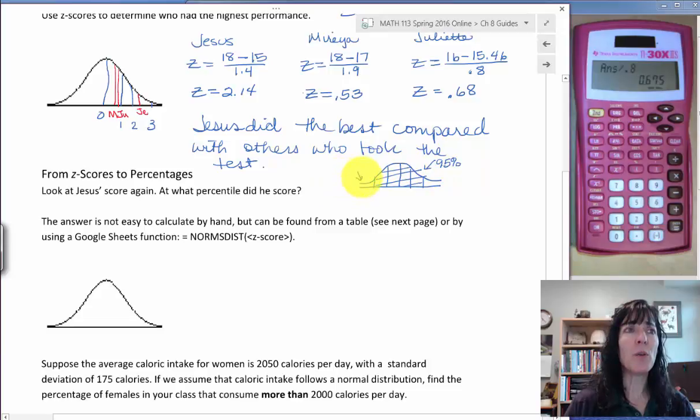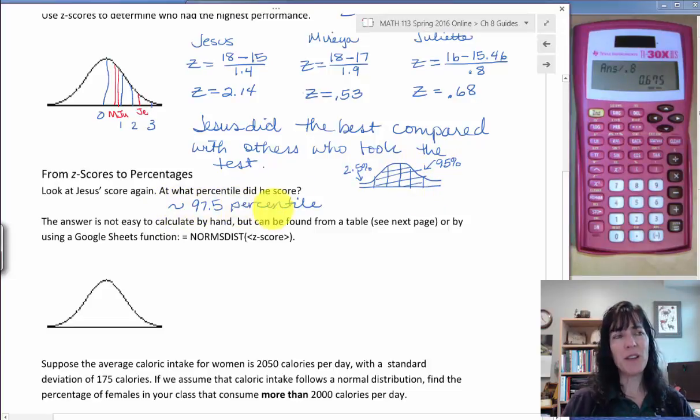And then over here is going to be 2.5%. And so he's scored better than 97.5. So we can say he's at approximately the 97.5 percentile. That's using the rule of thumb.